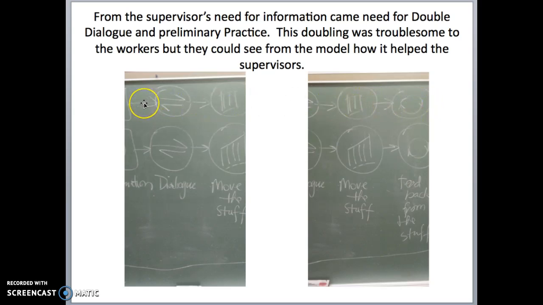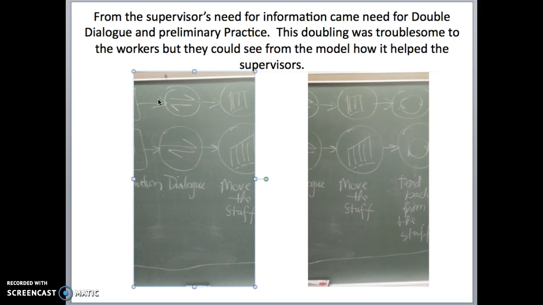And so from the model, they were able to see the supervisor had to talk themselves through the whole process, all the way through the information, the dialogue, the practice, and the feedback, so that they would know what to tell the workers down here in the second step, the information, the dialogue, and then the worker could actually go out and do the things. So this is like pre-work, and then this is the real work.